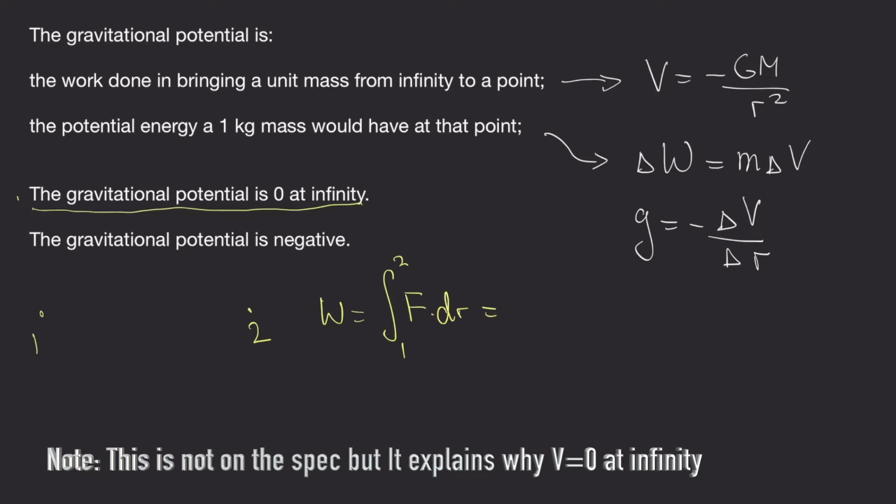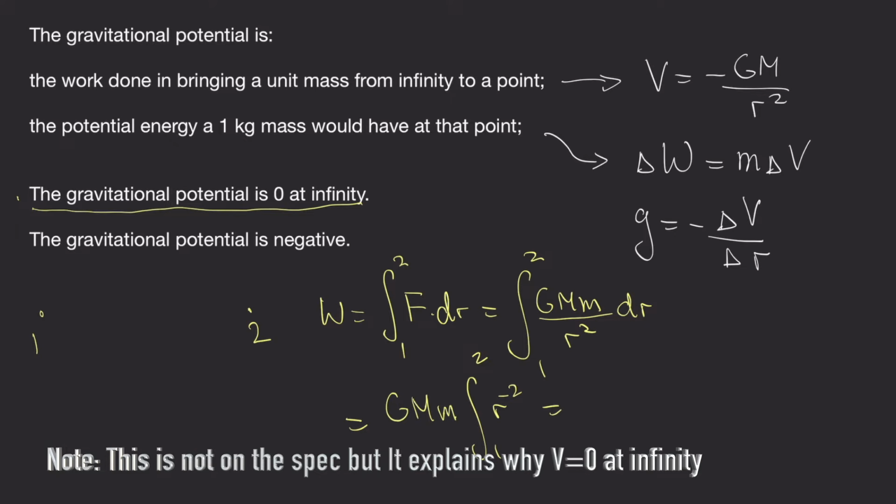So this here will then be equal to the integral of GMm over r squared dr, and GM and m are just constants, so this here is just the integral of r to the negative 2 over 1.